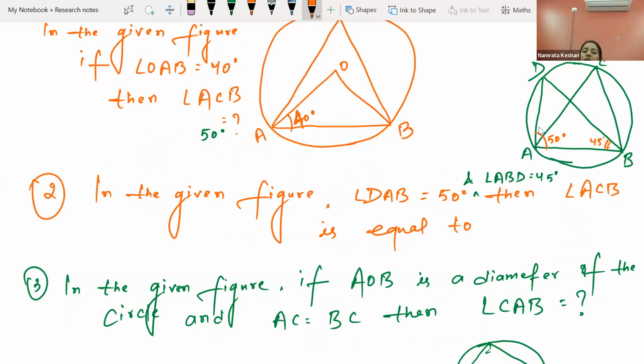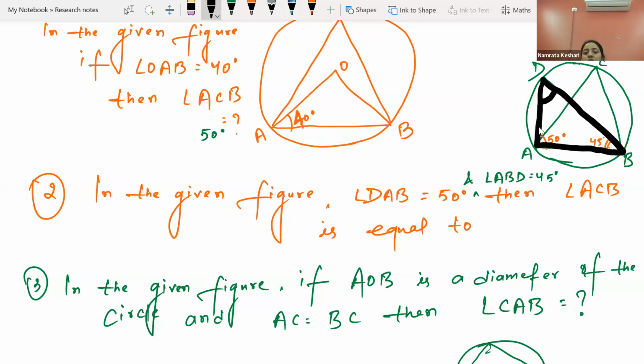Angles in the same segment are equal, right? Yes, ma'am. Yes or no? This theorem is there, right? Okay, so you can focus on this triangle and you can find this angle by using angle sum property. Now, whatever will be this angle, angle C will be the same. Why?